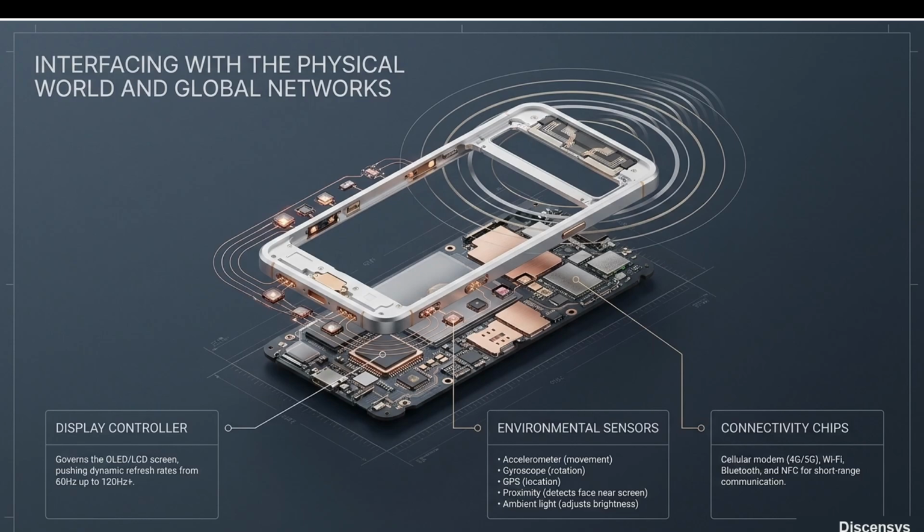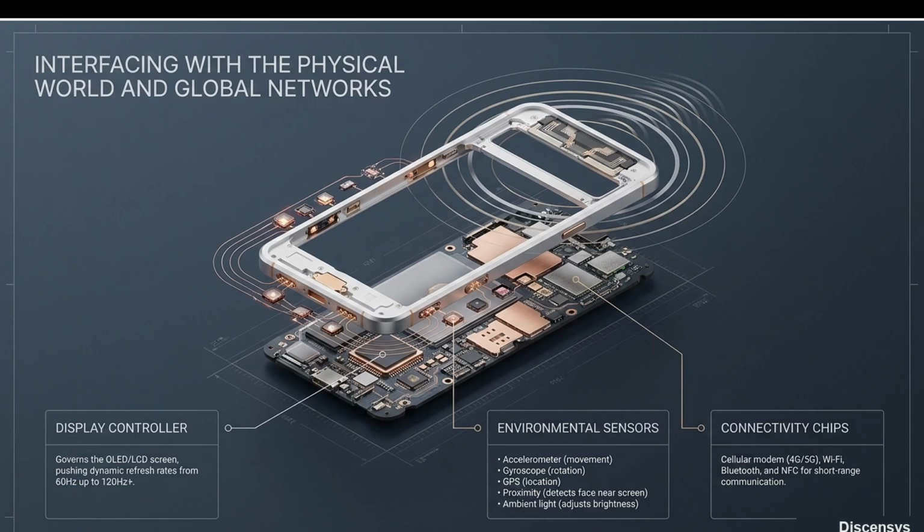Bluetooth is used if you want to connect your earpods or transfer files from one phone to another. And NFC is for short-range communication, like if you want to make payments, tap and pay. For those scenarios, we use NFC.